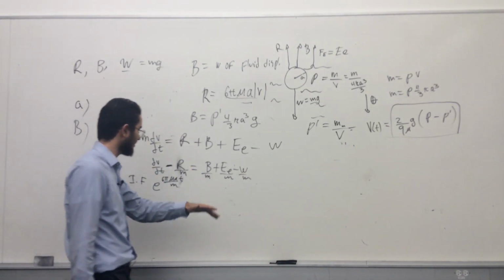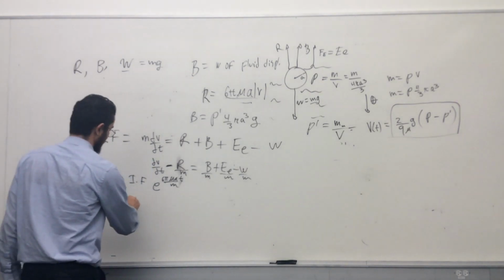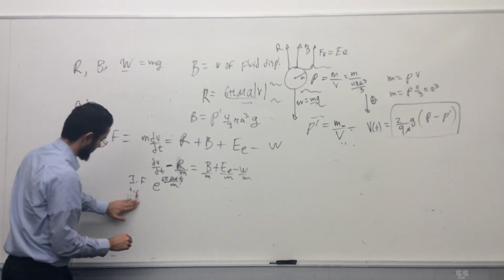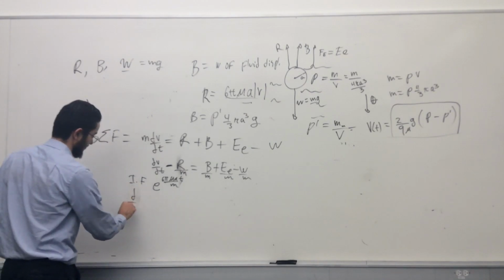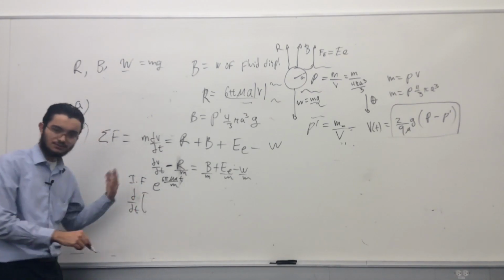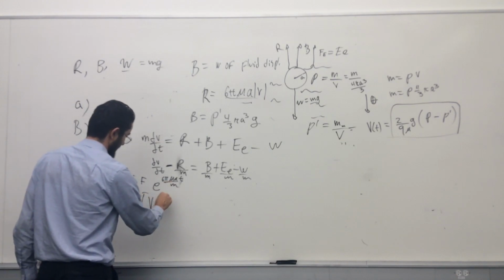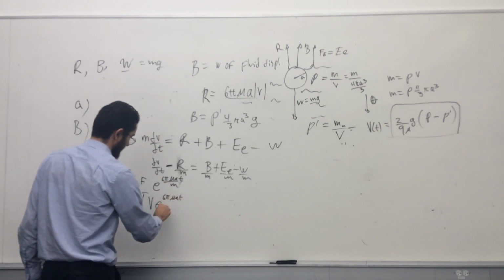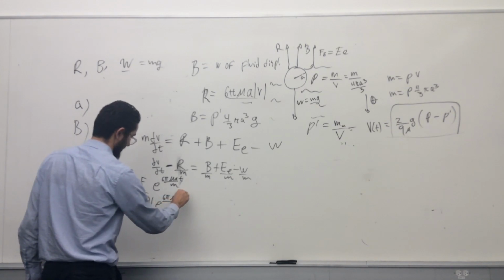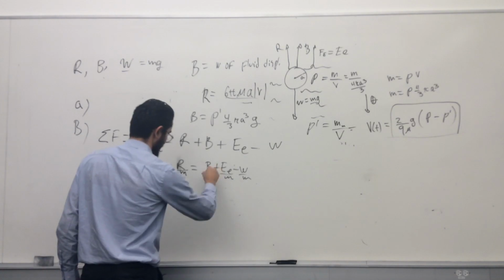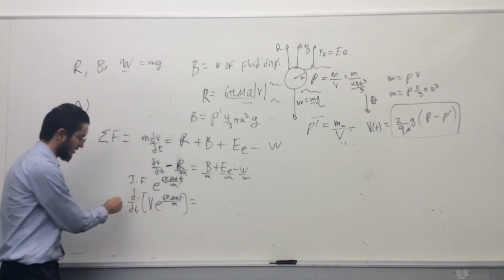Now we multiply everything by the integrating factor and we get something like this. We get not dv, but d over dt of the velocity multiplied by the integrating factor, e to the 6 pi mu A times t divided by m. All of this is equal to this entire expression, and we're going to integrate both sides.